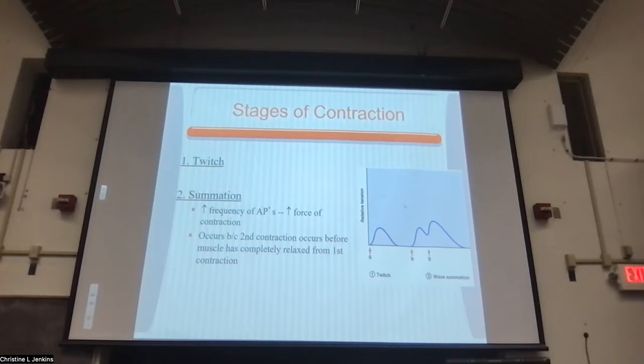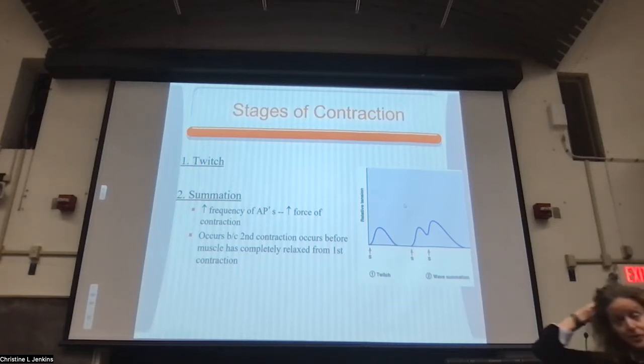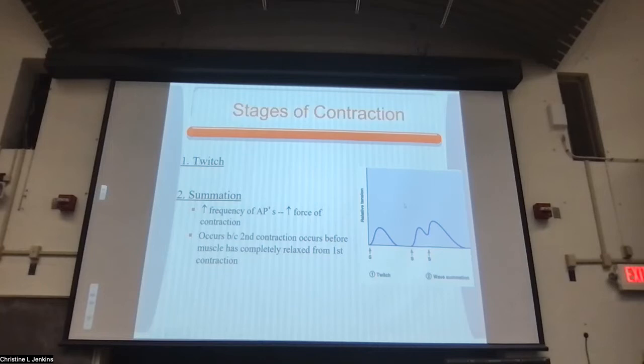Well, when we start to send repeated nerve impulses, they begin to summate. That means the effects add on to each other. So we send one nerve impulse, contract, relax.